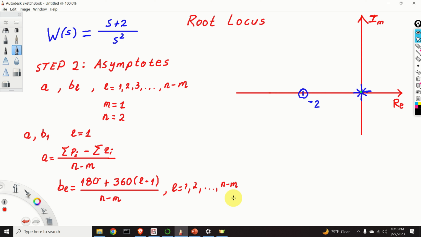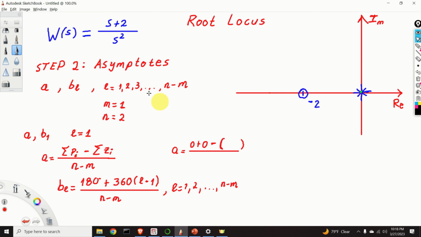Okay, let's compute A and B1. A is equal to, let's see, the sum of poles. We have two poles and both of them are zeros. However, we will still write 0 plus 0. Let's see, what do we have over here? We have minus the sum of zeros. What are zeros?